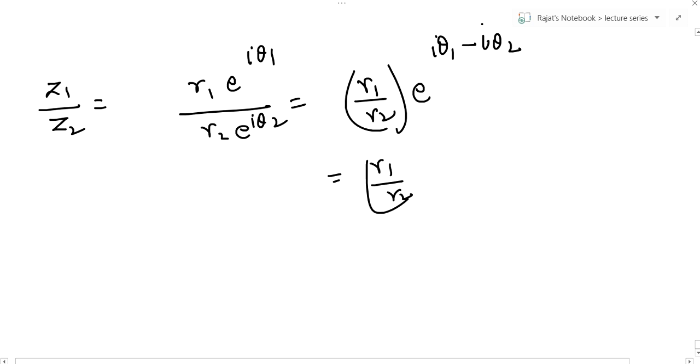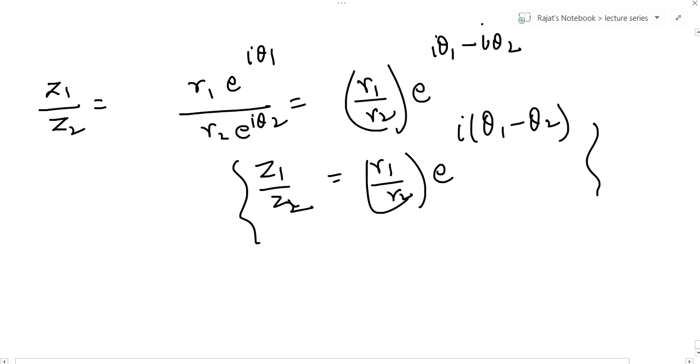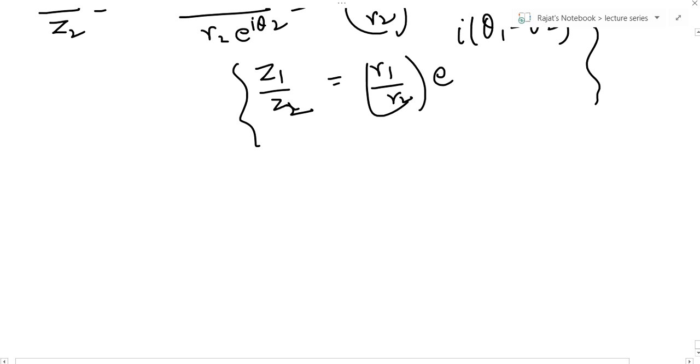So r1 upon r2 e to the power i(theta 1 minus theta 2). So when you are multiplying together, the power is added up, and when you are dividing, the power is subtracted. Okay, very basic thing.